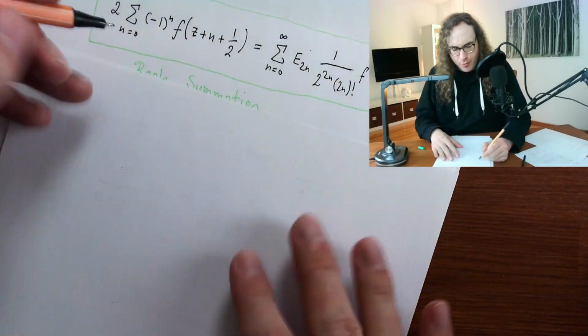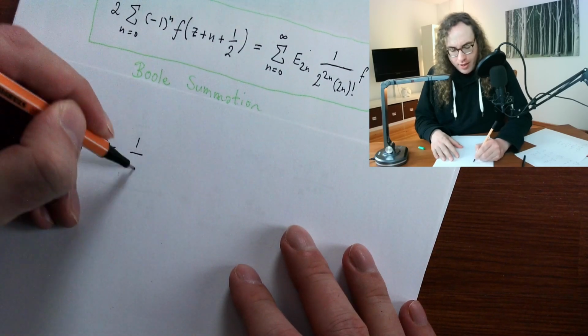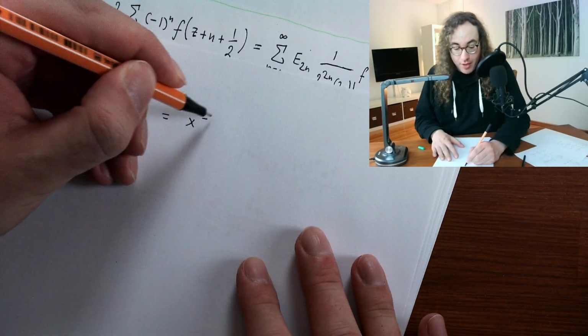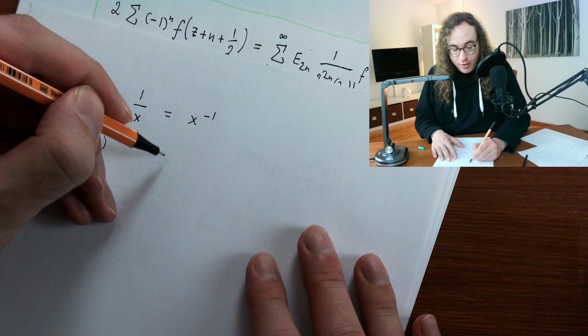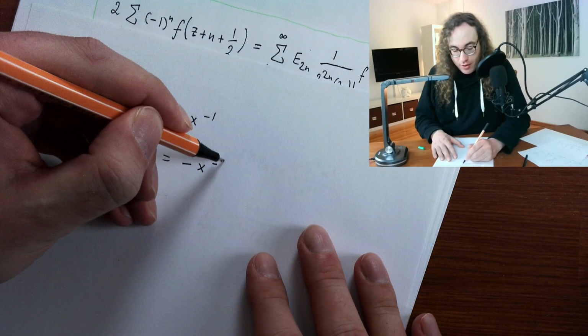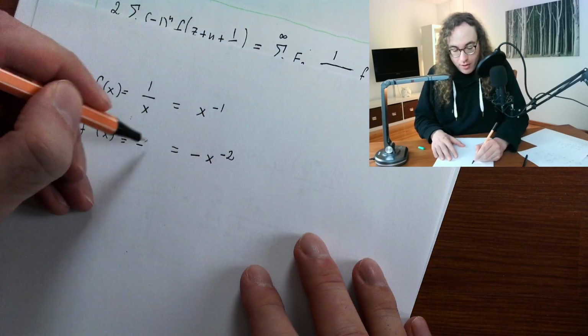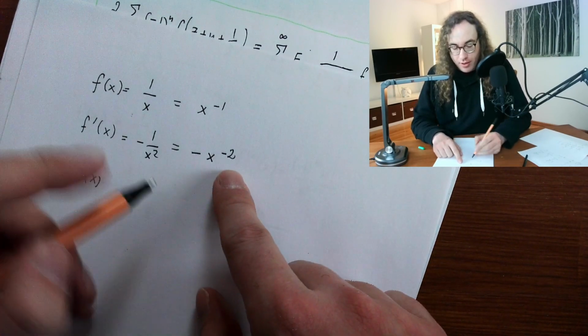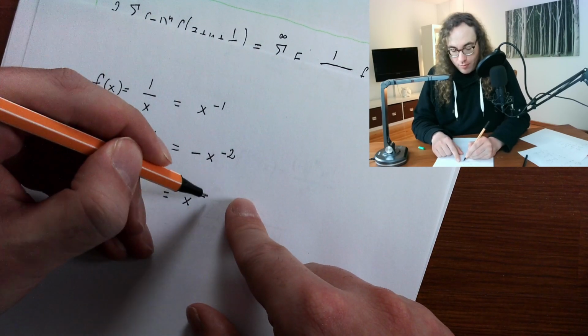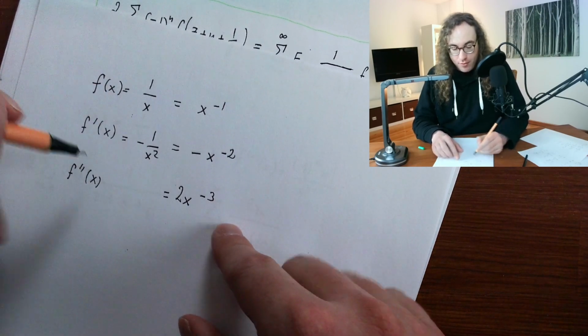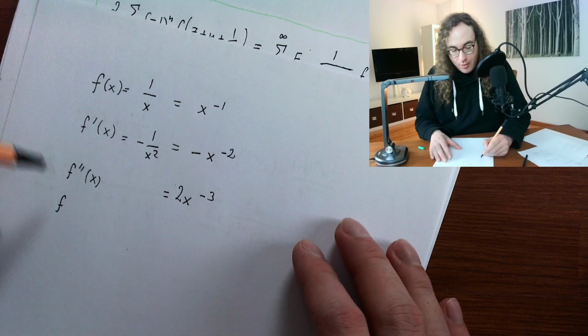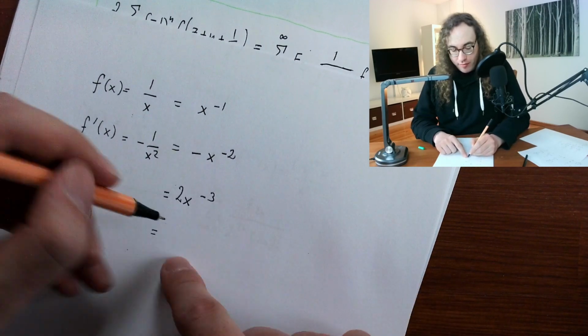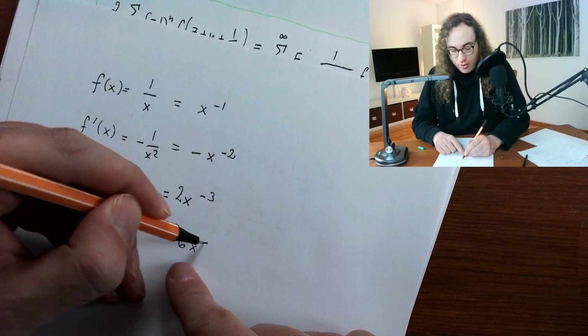Let's just do the first terms. f of x is 1 divided by x, which I can write as x to the minus 1. So the derivative of this certainly is minus x to the minus 2, which is minus 1 divided by x squared. Okay, and the second derivative, if I just look at this, clearly is 2x to the minus 3. And let's just directly do another derivative. The next derivative would be minus 6 times x to the minus 4.